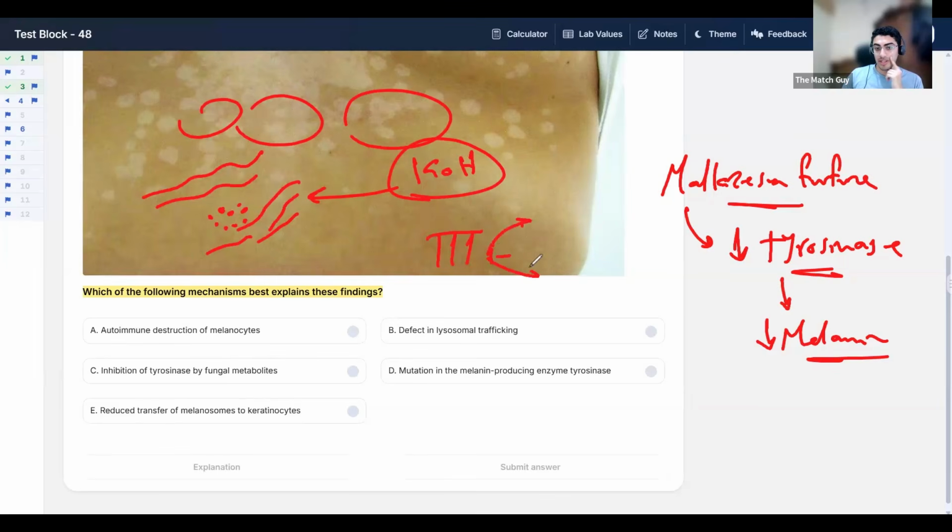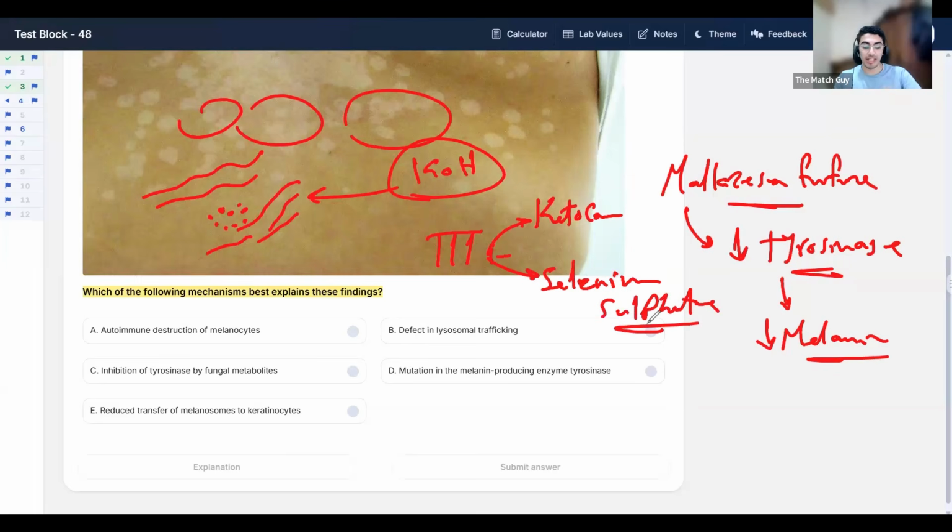For the treatment, we can give ketoconazole, which is an antifungal, or selenium sulfate, usually in a shampoo form. These two medications can kill the Malassezia furfur and can also cause shedding of the superficial layer of the skin in which the Malassezia furfur stays. Is that clear?